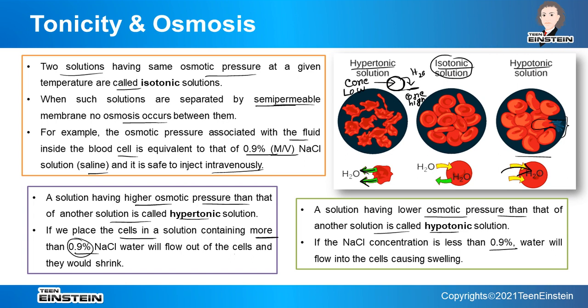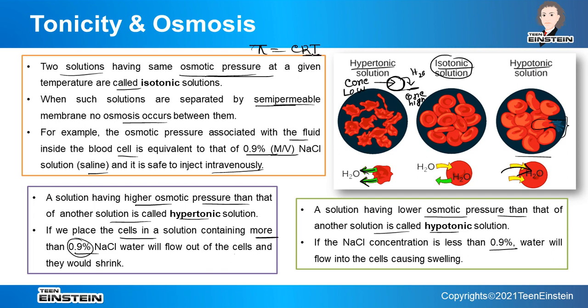Suppose one solution is given which is isotonic with another solvent; if you know the concentration of that other solvent, then you can easily understand the concentration of this one. Though the definition is in terms of osmotic pressure, that is the same osmotic pressure, remember you can also say that isotonic solutions have the same concentration, because osmotic pressure is equal to CRT, concentration into RT.